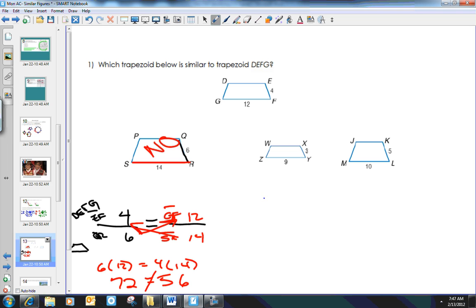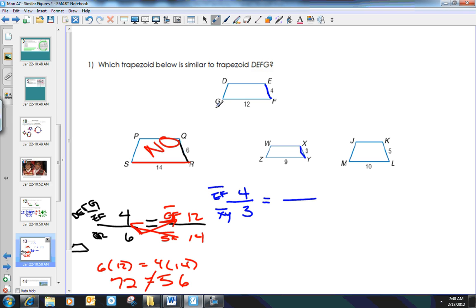We're going to set up our proportion here for our middle trapezoid. Now, once again, EF is 4. Okay, so EF with the line over the top means segment EF is worth 4. Segment XY is the corresponding side, and it's worth 3.